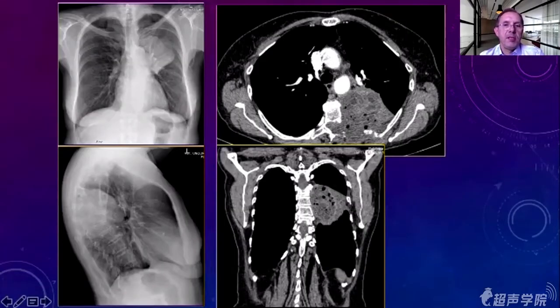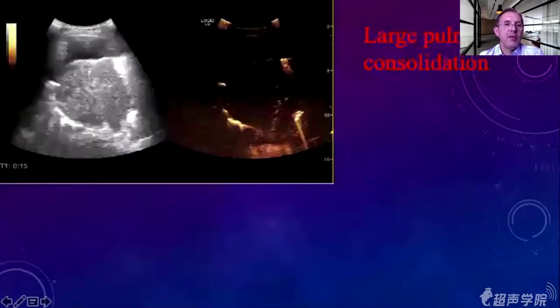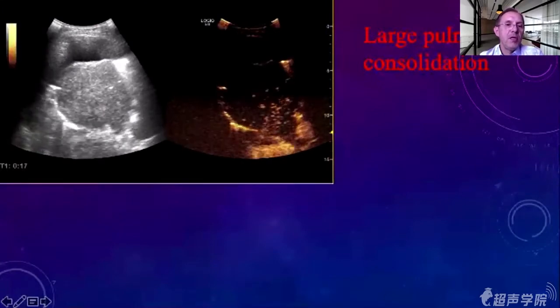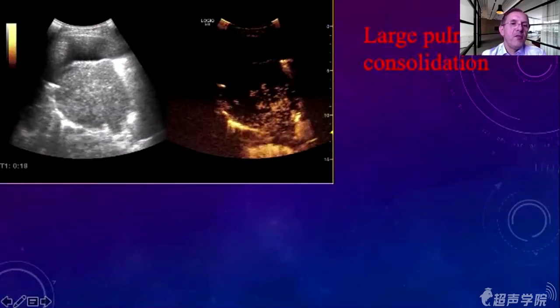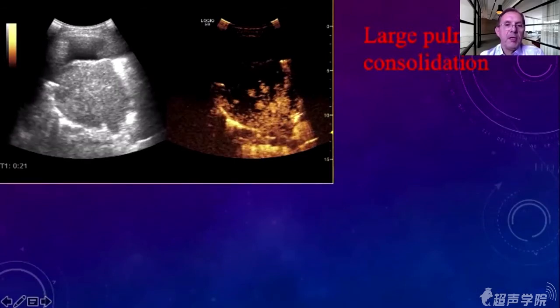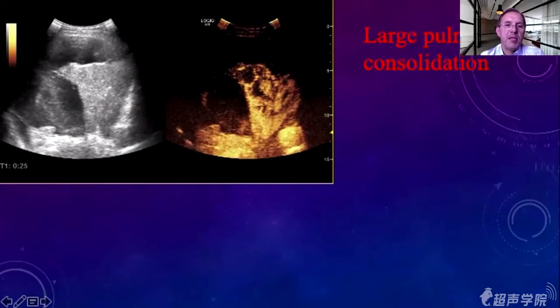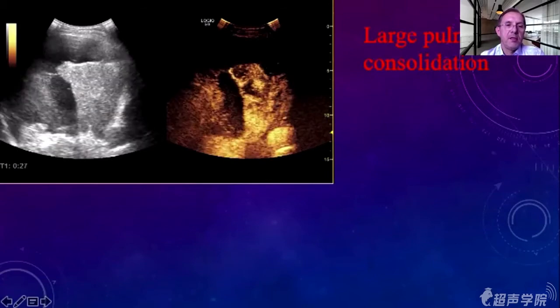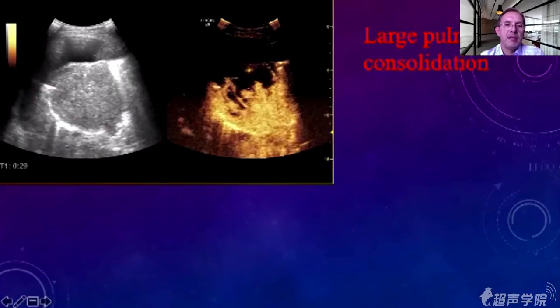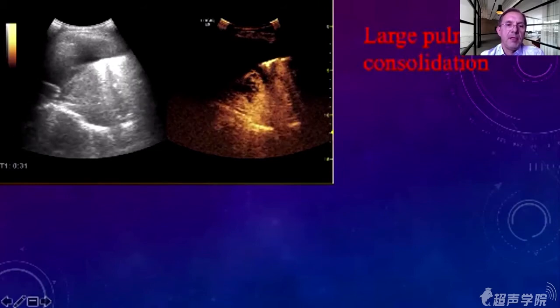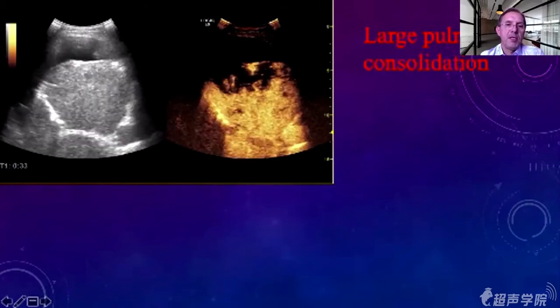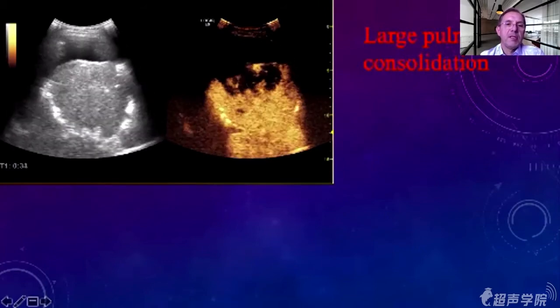Another interesting case of a tumor, and you see we also have some pleural effusion, and you see here that the central part is taking up contrast at approximately 10-11 seconds, and the peripheral part is taking up contrast later on.